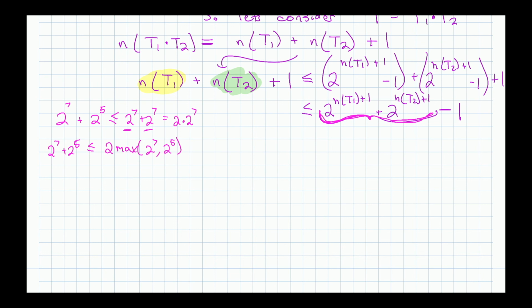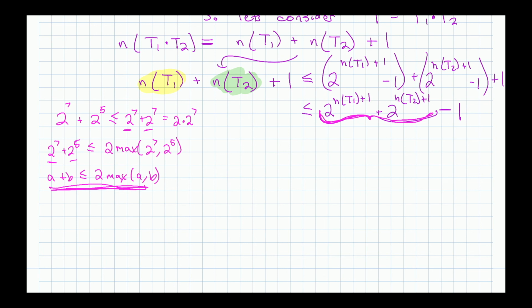And that would be true for any two numbers. It doesn't matter that it's 2 to the 7 and 2 to the 5. You could do the same thing with a plus b being less than or equal to whichever one is bigger, doubled, and that's as big as it possibly could be. This is just scribbles to justify what I'm about to write, but that's true for any numbers a and b.